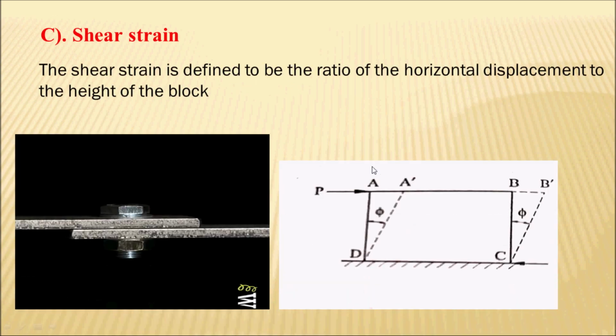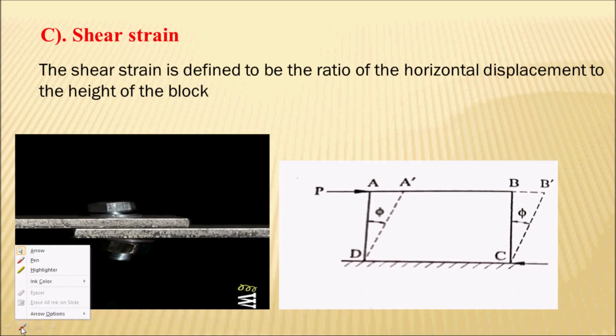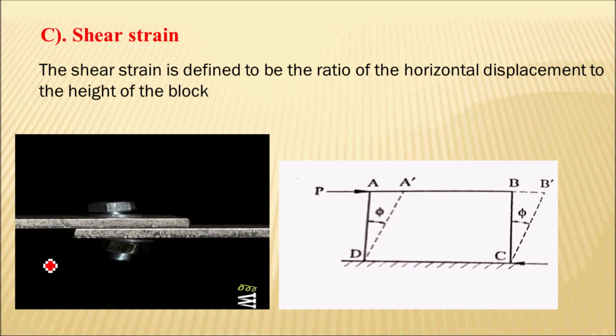Next is the shear strain. What is meant by shear strain? Because of these two equal and opposite tangential forces, shear strain is produced in this body. Shear strain is defined as the ratio of horizontal displacement to the height of the block.